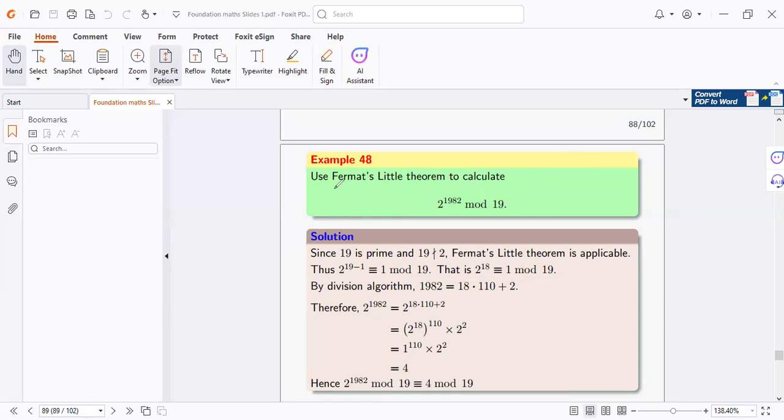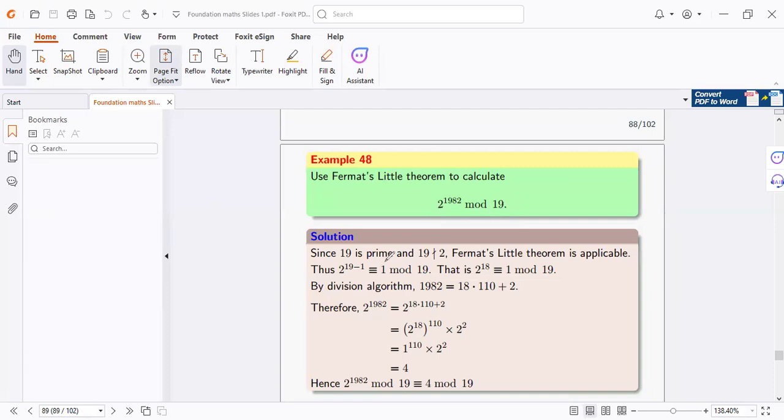For us to use Fermat's little theorem, we only need to find out whether this 19 is prime and whether 19 cannot divide 2. If those 2 conditions are met, then we can use Fermat's little theorem. For this question, the 2 conditions are met, so let's use Fermat's little theorem.